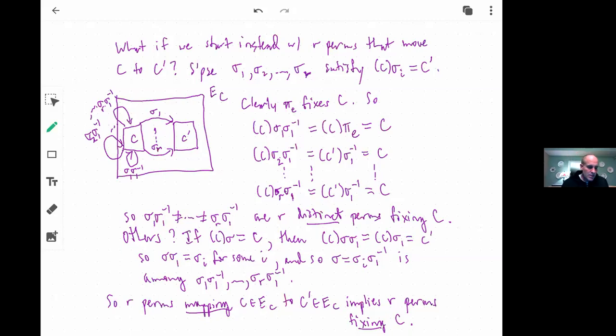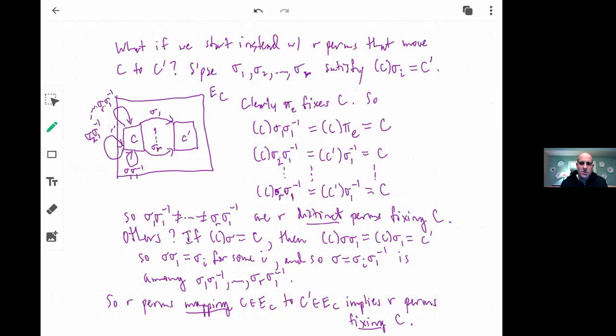Okay. So here's the proof of the fact that two equivalent colorings are going to be fixed by the same number of permutations. I'm going to take a strange approach here: the reverse of what we did before. Before, we started with R permutations that fix a coloring, and we showed that there have to be R things moving us from that coloring to any other coloring it's equivalent to.